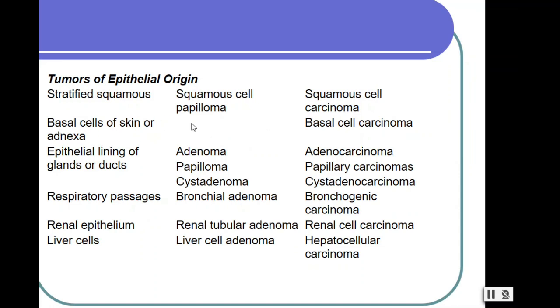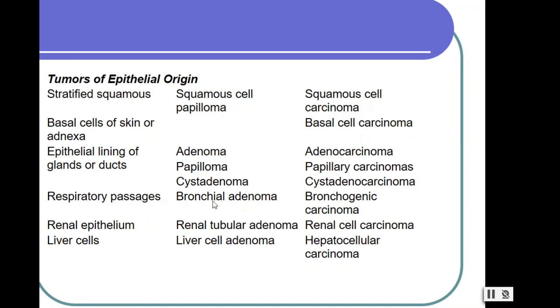Sa skin, tandaan sa skin or sa adnexa, wala pong benign, diretsong basal cell carcinoma. Epithelial lining of glands or ducts, you have adenoma, adenocarcinoma. Papilloma, papillary carcinoma. Cystadenoma, cystadenocarcinoma.